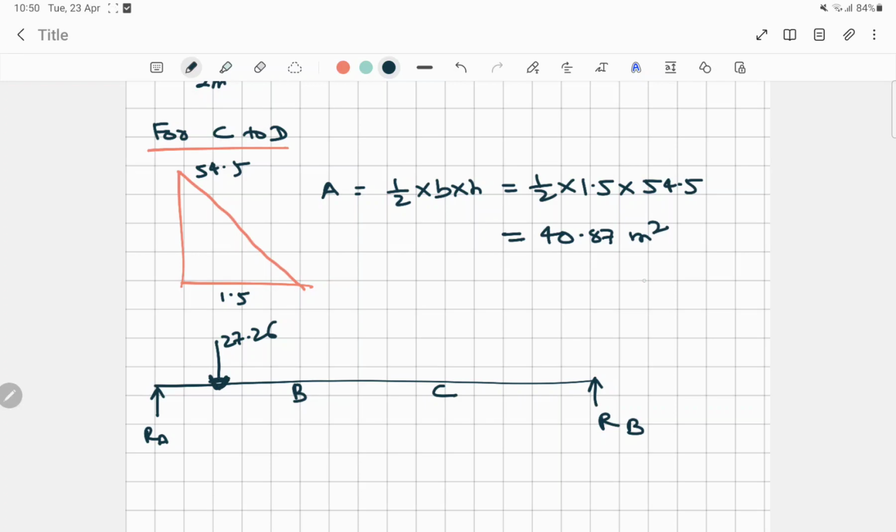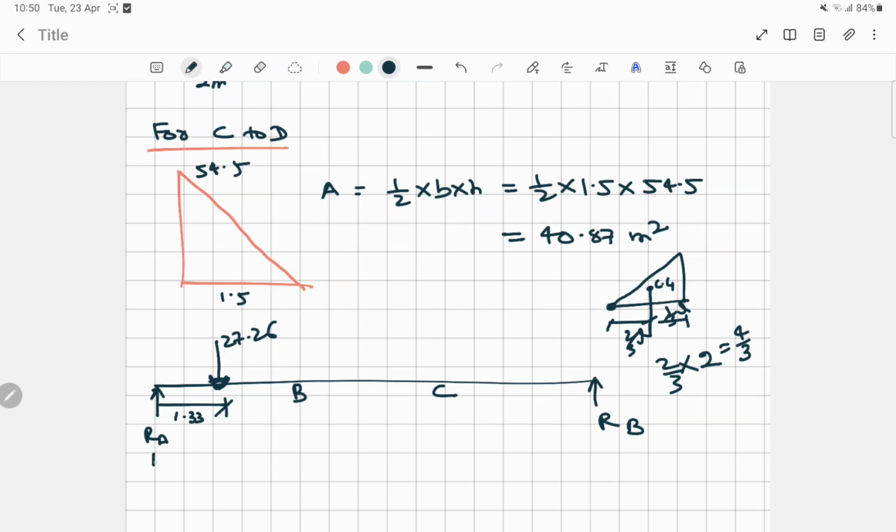We know that this was the A to B bending moment diagram, and the CG will act at the center. We have a formula for finding the CG of this triangle: from this edge it will be 2/3 of L, and from here 1/3 of L. 2/3 of L, where L for A to B is 2, is 4/3, that is 1.33.